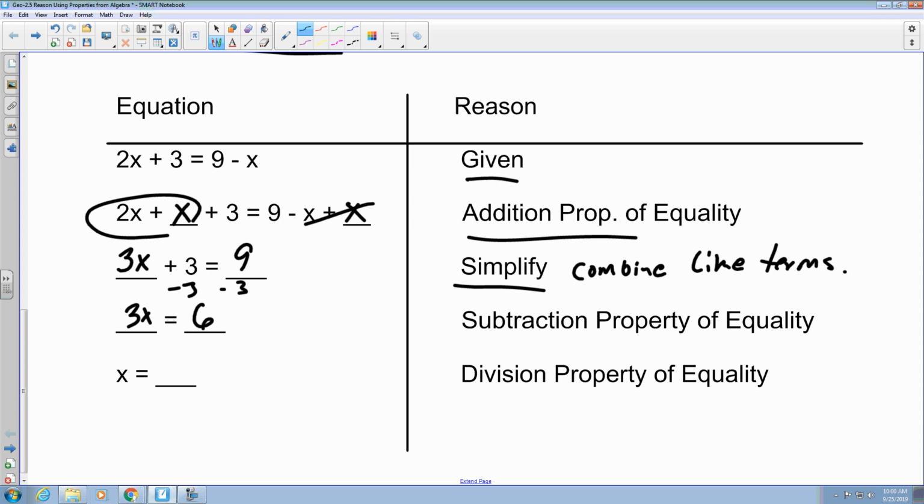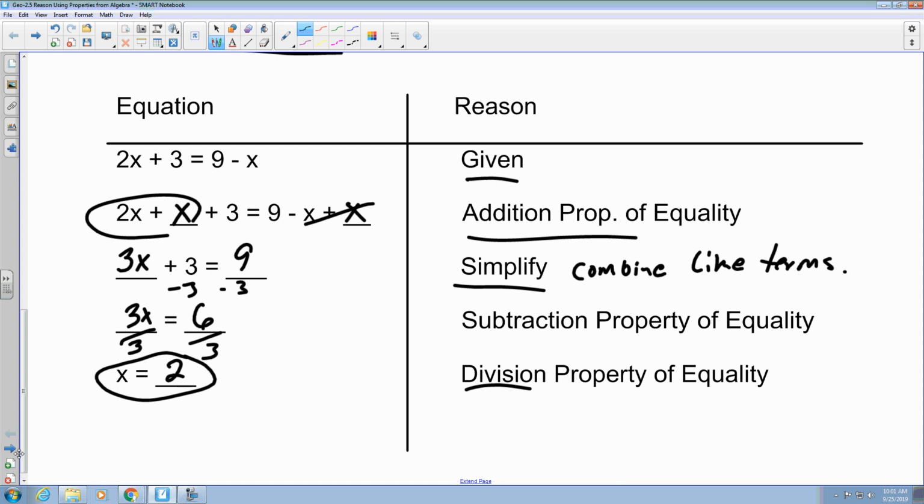The final step has x equals something, and it comes from the division property, so we're dividing by 3. I'm left with x on the left-hand side and 2 on the right-hand side. So x is 2 is my answer, and the division property of equality allows us to make that proof.